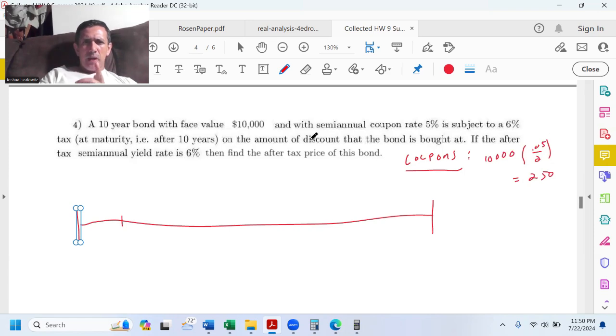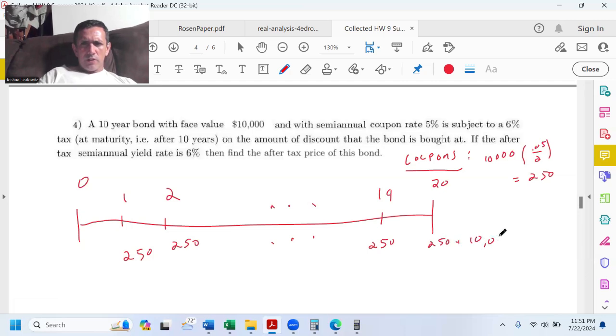We have semi-annual coupons unless otherwise stated. So 250, 250, 250, 250, 10,000.